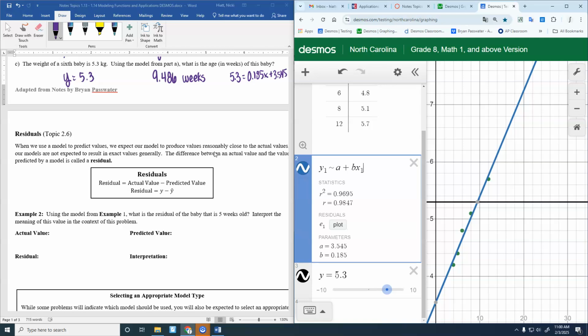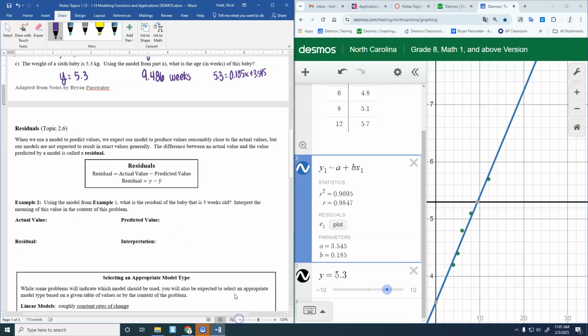So a residual is going to be a measure for a single data point that will tell us some information about that point. When we use a model to predict values, we expect our model to produce values reasonably close to the actual values.